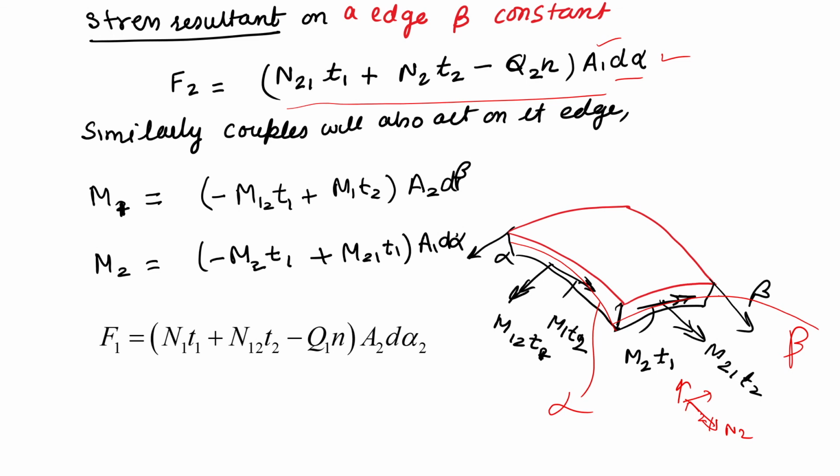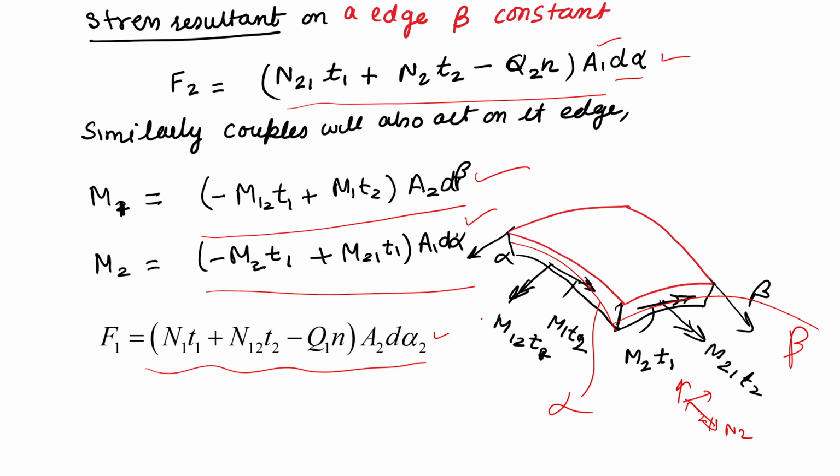So, we can say that the resultant couples M1 and M2 act on the edge where alpha is constant, and on the edge where beta is constant.